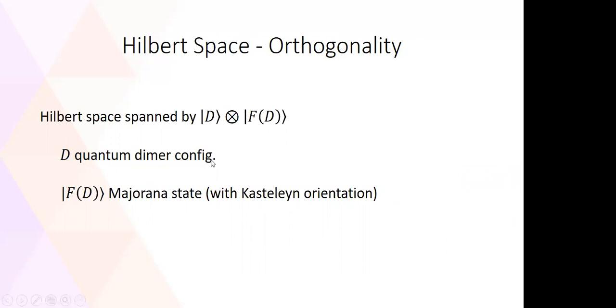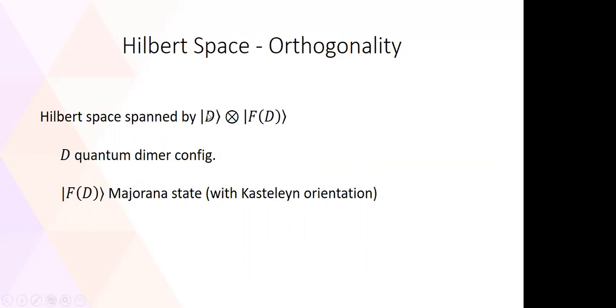Again, the dimer configurations are an orthogonal basis of the dimer Hilbert space, and we have the fermionic, or Majorana, state that, according to the dimer configuration we chose and the Kasteleyn orientation that we chose even before that, gives us a specific Majorana state. So this is just the tensor product of the two.